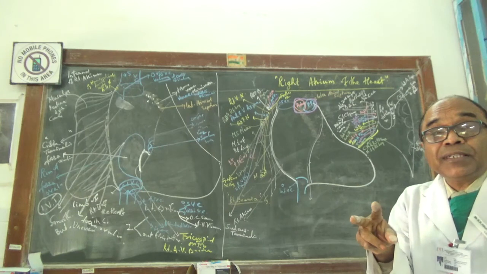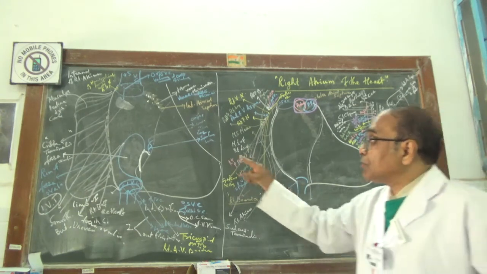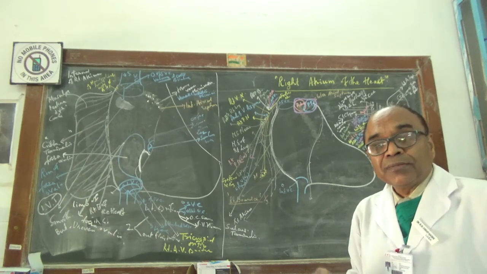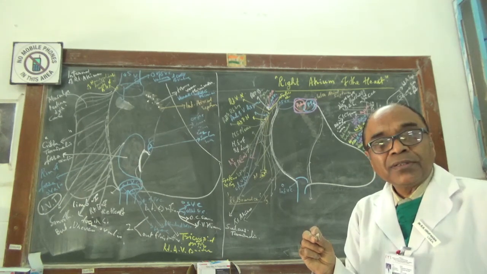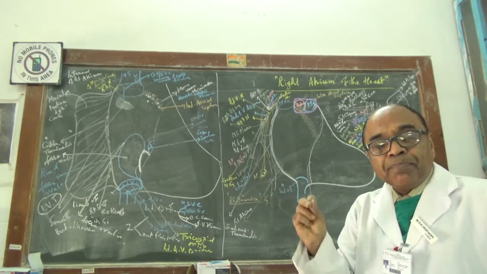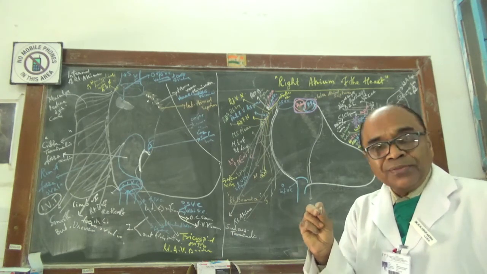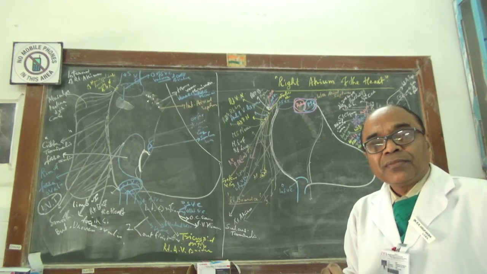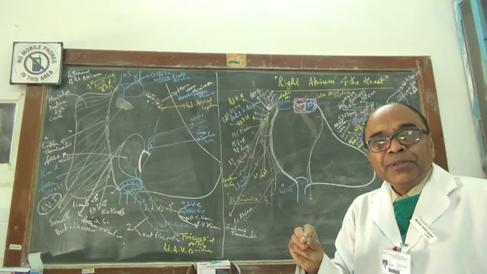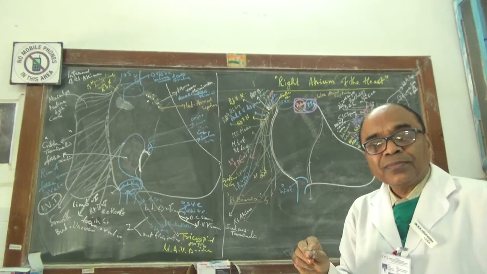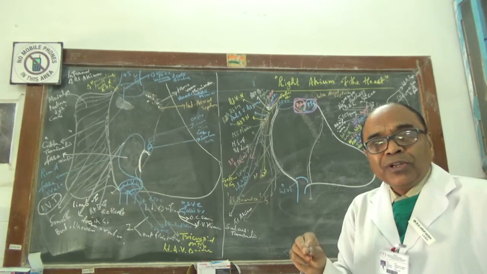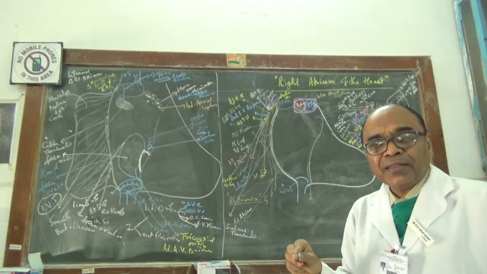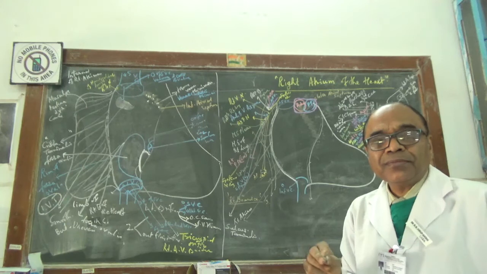The diameter of this is something ranging between the pulp of three fingers, it may be 1.2 to 2.5 centimeter diameter.